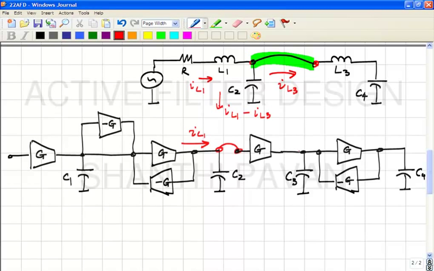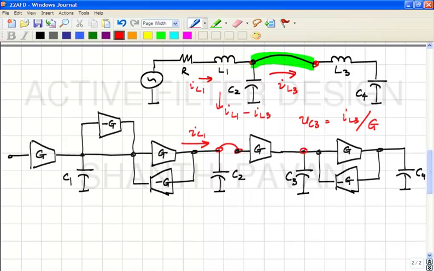We already know that this node potential is proportional to IL3, and what is the constant of proportionality? 1 by G. So this is nothing but IL3 by G. Is that visible? VC3 is IL3 by G. Correct?